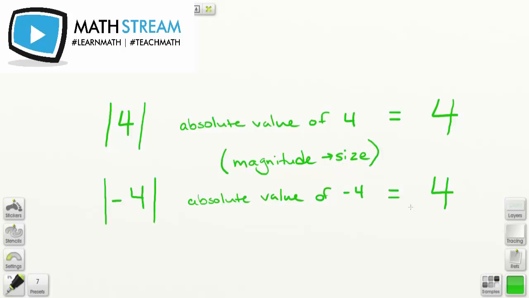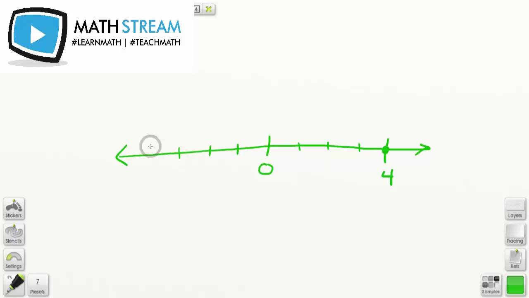Here's another way that we can think about this. I'm going to show you a number line. A typical standard number line with 0 in the middle. And let's say 1, 2, 3, 4. So here's the number 4 right here. And then we're going to go in the negative direction. 1, 2, 3, 4.